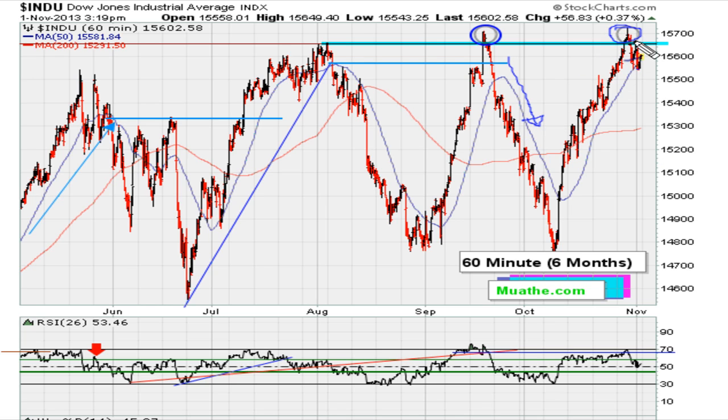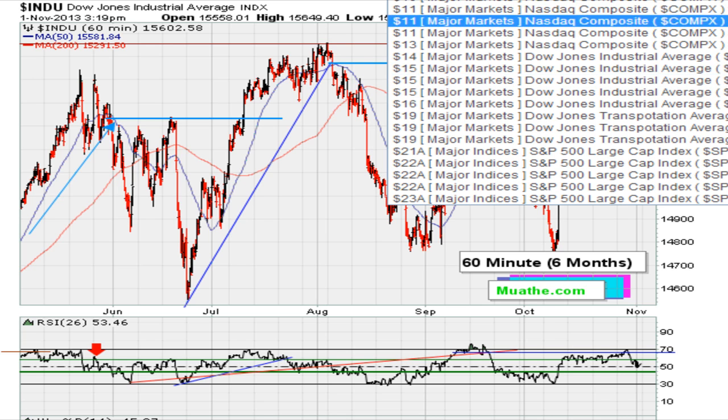We could see this drop in the coming days. I think eventually we might see that drop, because that resistance level has not been very good for the market. Every time it stalls, we seem to get a pullback. Even the last time we hit that level, we saw this market pull back here. So on the hourly short-term levels, the market is showing signs of wanting to go lower.